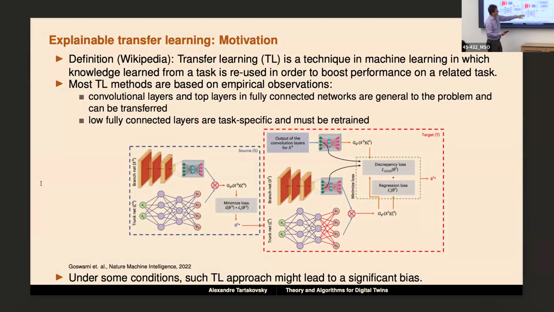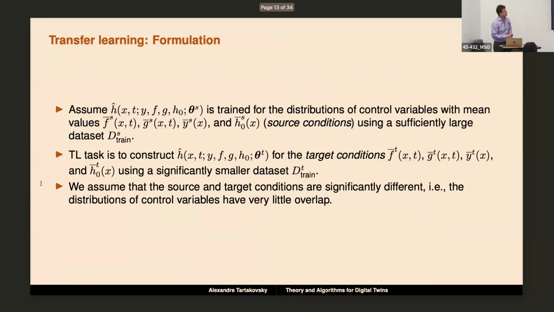And I assume that they have done in this paper some fitting to figure out how many parameters and how many layers must be retrained. So what we want to do is understand what and when and why can be transferred and what must be retrained. So this is the motivation for our analysis of transfer learning. Okay.